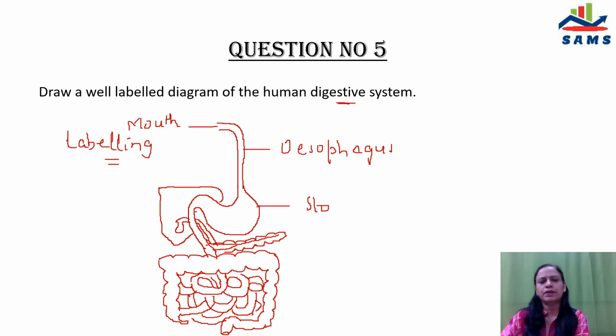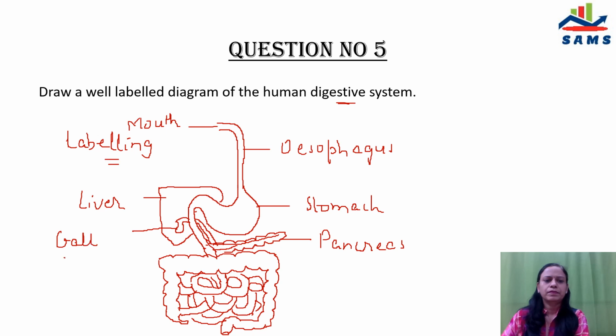So this is the stomach. This is the liver. This is the pancreas. So you can see how I'm labeling it on both the sides, but in straight lines. So this is exactly how you have to label it for your exam. Then this is the gallbladder. Then duodenum.